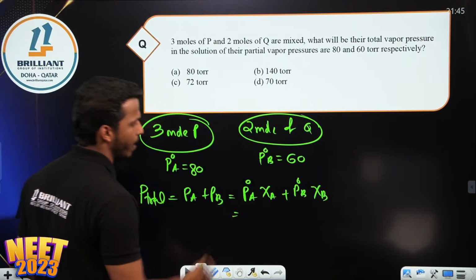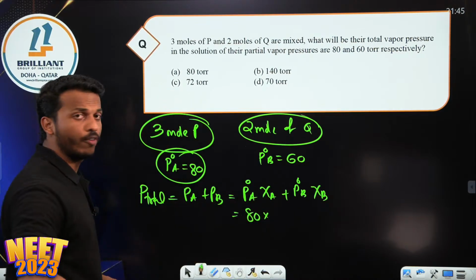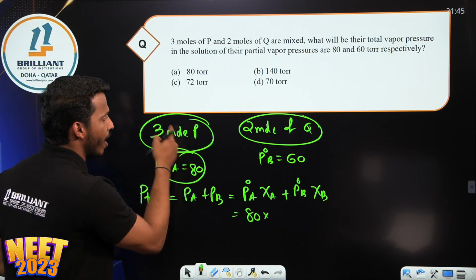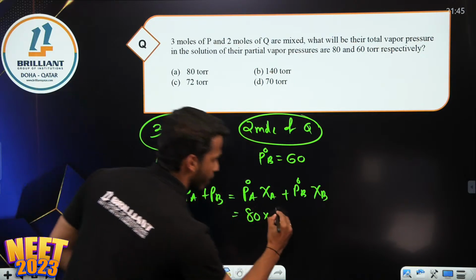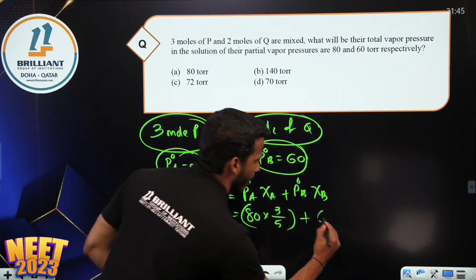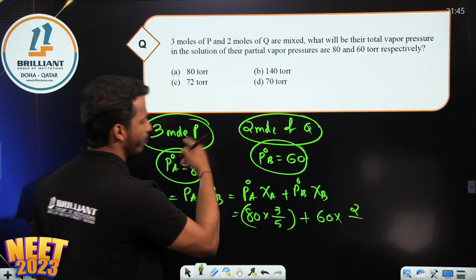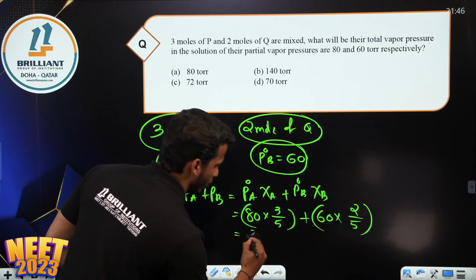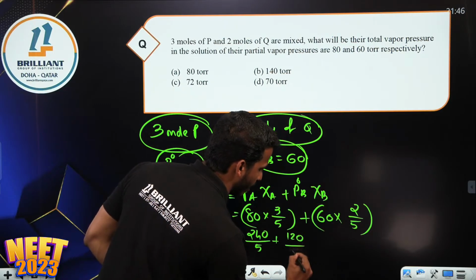Let us substitute directly. P naught A is 80, so 80 into mole fraction of A. Mole fraction is calculated by number of moles of that component divided by total, so 3 divided by 5. Plus, the vapor pressure of the second component, 60 into its number of moles, 2, divided by total number of moles, 5. 240 divided by 5 plus 120 divided by 5.